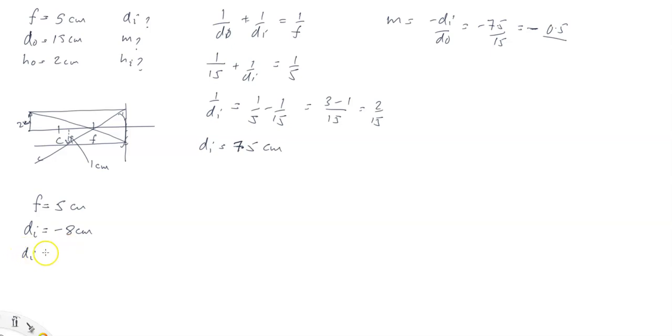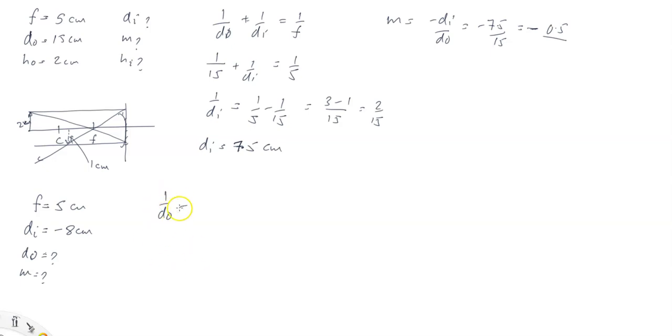The question is, where's the object? What's the magnification? Negative 8 centimeters, it's inside. So we are talking about those virtual images, right? Most probably the object will be within the focal length, but let's use the equation and try.